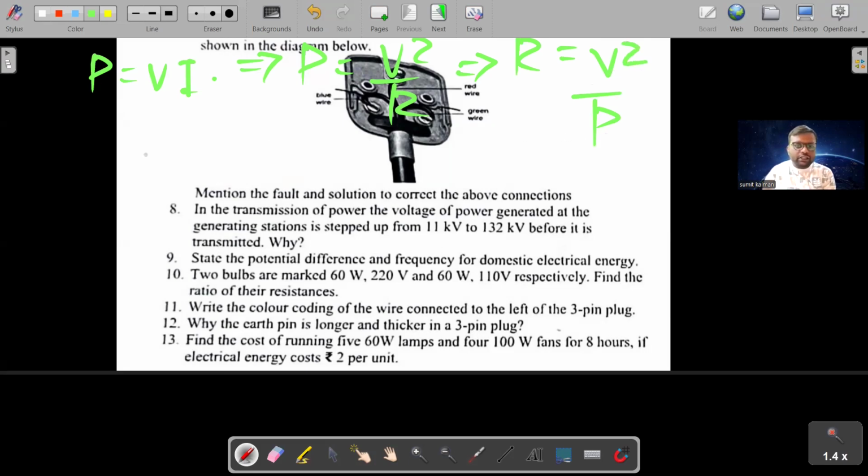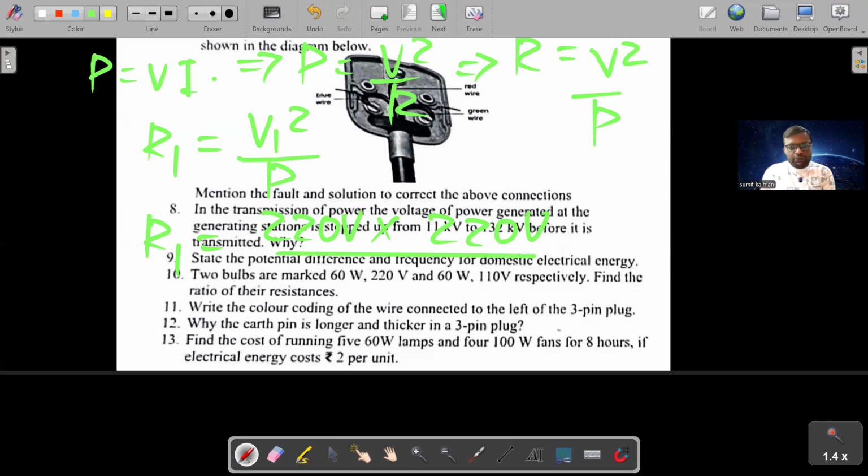So students, we will calculate resistance for the first bulb. Here R1 will be equal to V1 square by P, as power is the same. So here R1 will become 220 volt into 220 volt upon 60 watt.